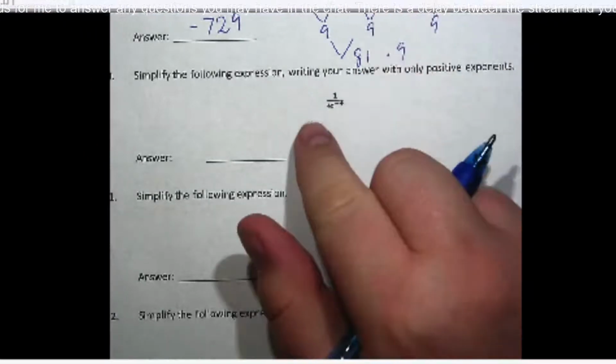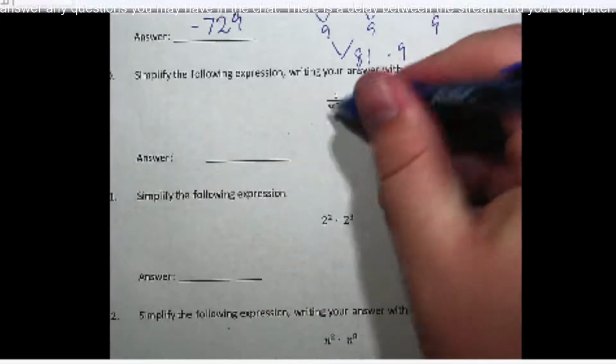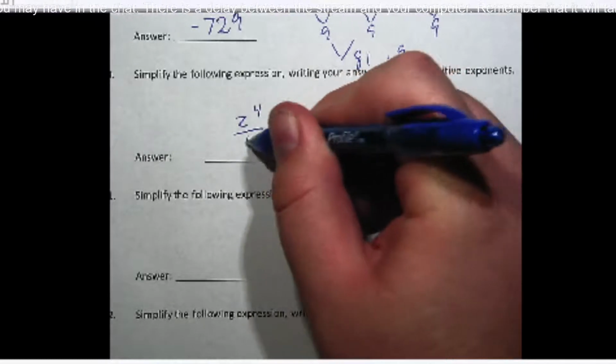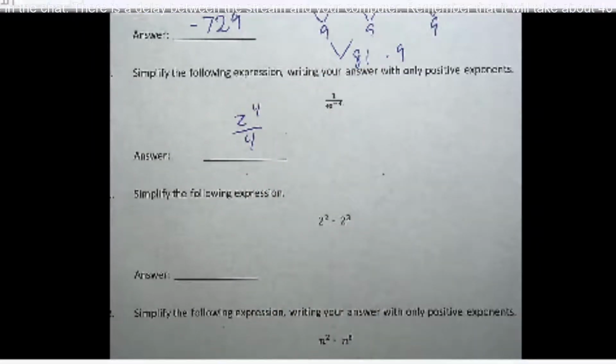I did have a few people mess up and flip the 4 as well. So that's going to flip up to the top, giving us z to the 4th over 4, and that's all we can do. Any questions on that one? Okay.